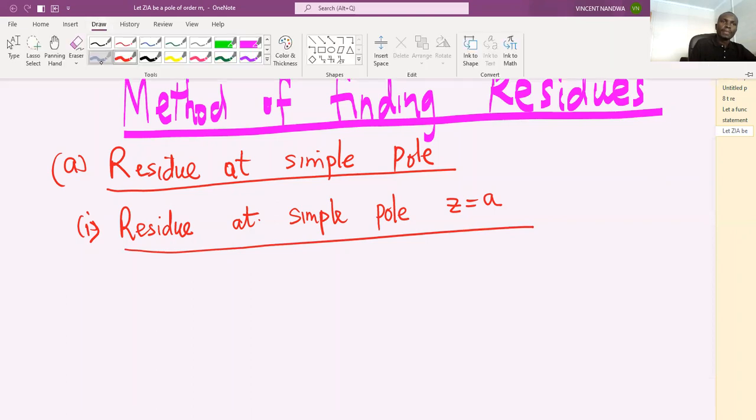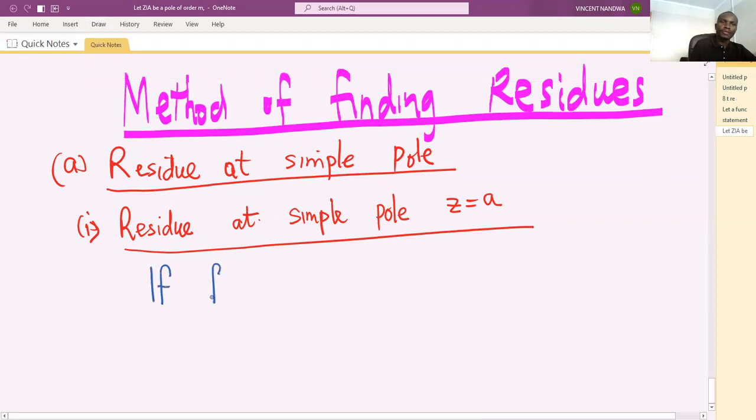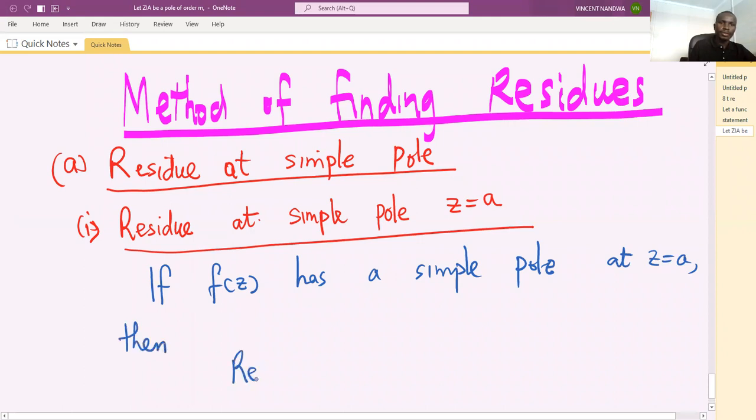So the statement is that if f of z has a simple pole at z equals a, then the residue of the function at a is given by the limit as z approaches a of z minus a multiplied by the function f of z.